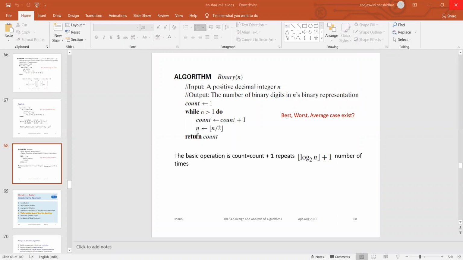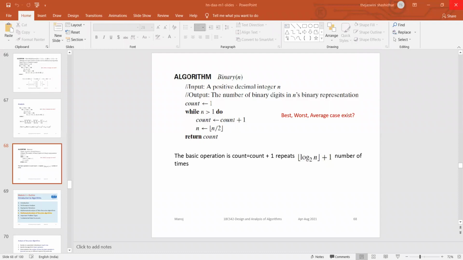So in order to convert a decimal number to binary, what is the sequence? What is the formula you have?